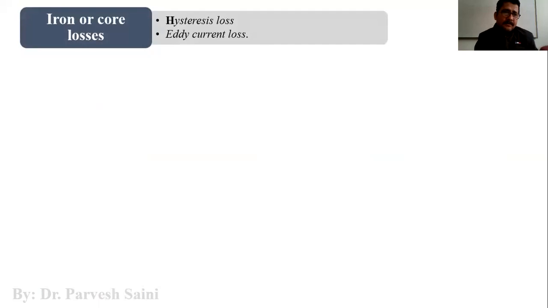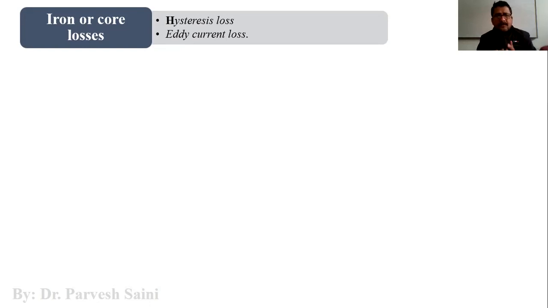The first one is the iron or core losses, and these are of two types: the hysteresis loss and the eddy current loss. These losses are associated with the iron core, which is why they are known as core losses.